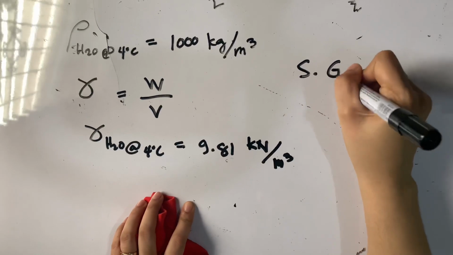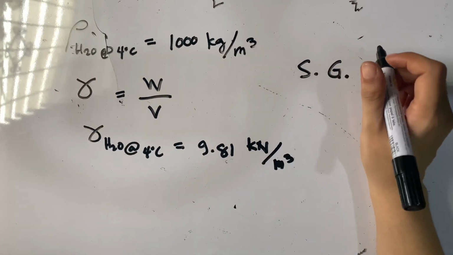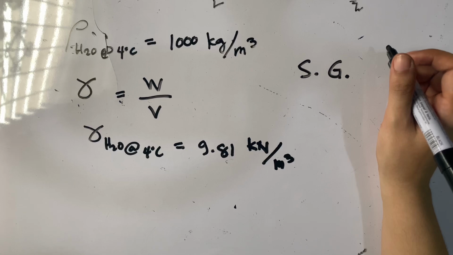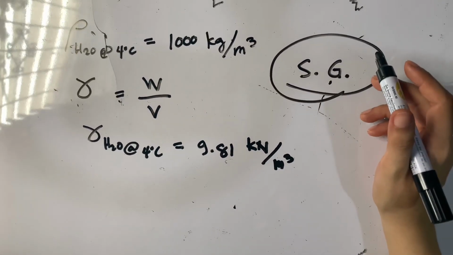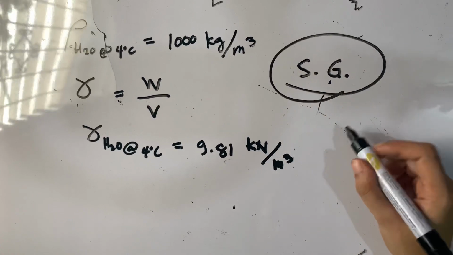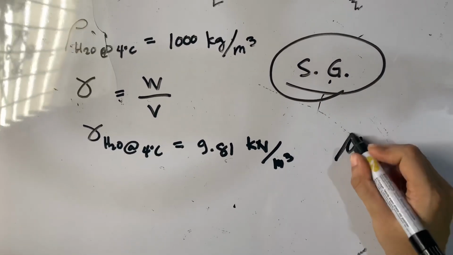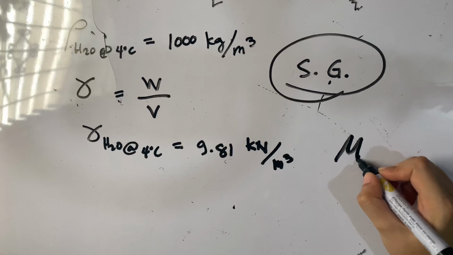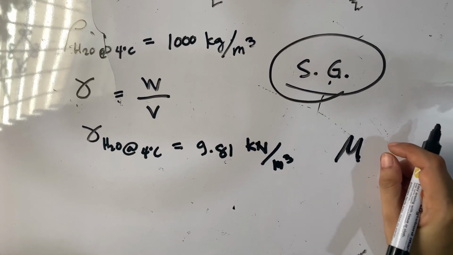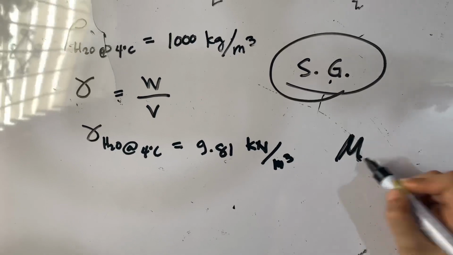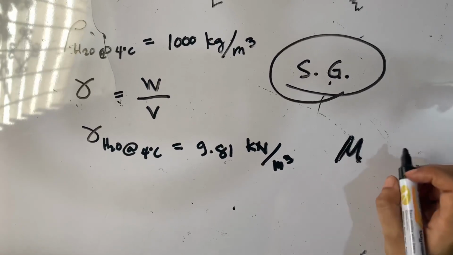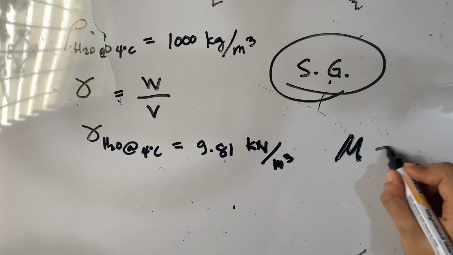The specific gravity is the ratio of the specific weight of the fluid to the specific weight of water at a specified standard temperature, and specific gravity is dimensionless. How about viscosity? Viscosity is the property of a fluid which determines the amount of its resistance to shearing stress. Viscosity is what we call in Bisaya as iyahang lapot, iyahang kalapot.